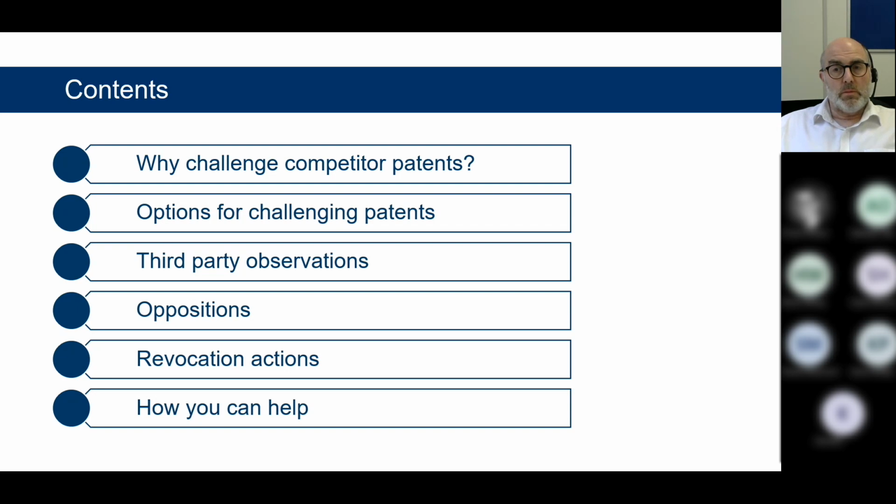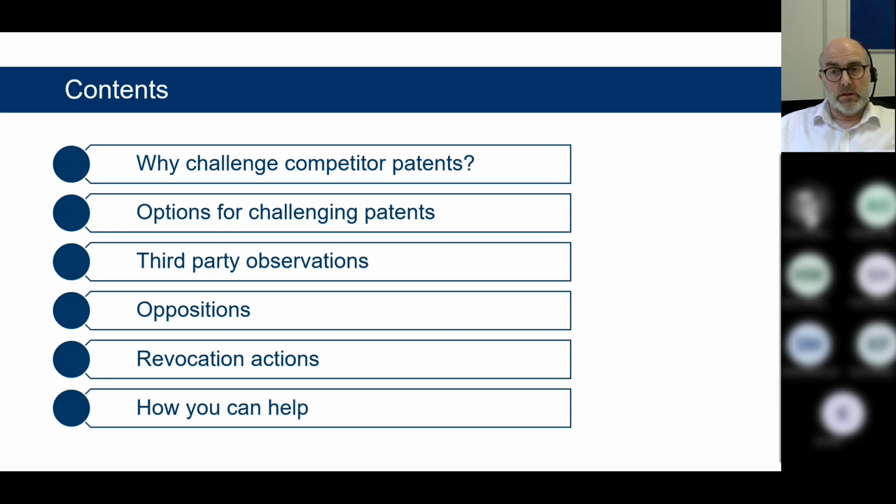Secondly, we're going to discuss oppositions. This particular process is more formal. It's generally held either at a patent office or in some countries in front of a court, but it's a sort of middle ground in terms of cost and complexity. And then thirdly, there is the process of revocation actions. This is generally a very formal process at a court or a patent office.